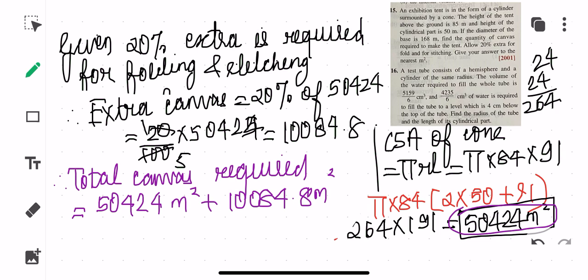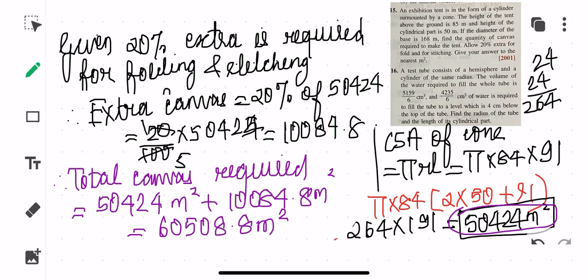So this is the total that we are needing. So we'll just add this up. 50,424 plus 10084.8. So we are getting how much, children? We are getting this as equal to 60,508.8 meters square. So this is going to be our answer, that this is the total canvas required.